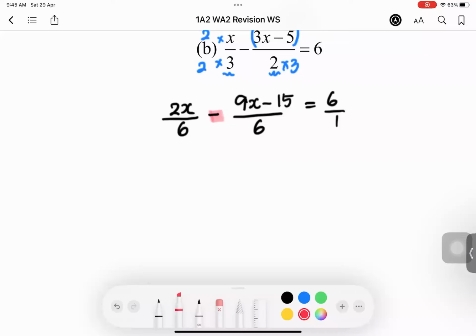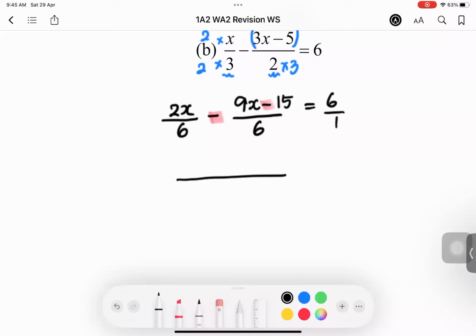Alvina, when I do subtraction, what will happen to the sign over here, this sign? Positive. Yes, become positive. So it's minus 9x. It becomes positive 15. Okay, equals to 6 over 1.